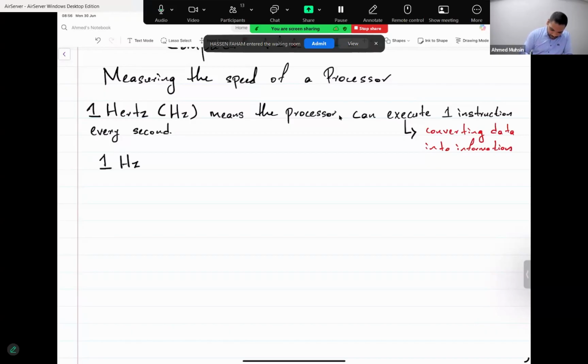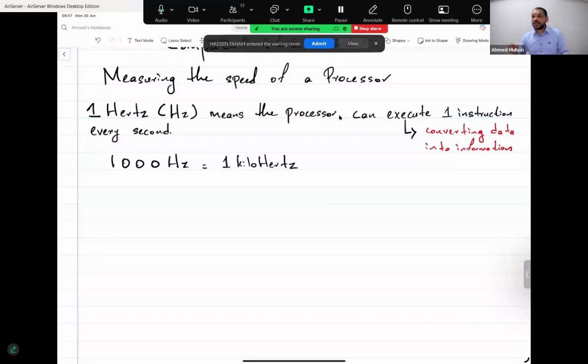You all know what HZ means, no? 1000 hertz is equal to 1 kilohertz. Sorry, my bad. Everybody okay with this? So instead of saying 1000 hertz, you can say 1 kilohertz.